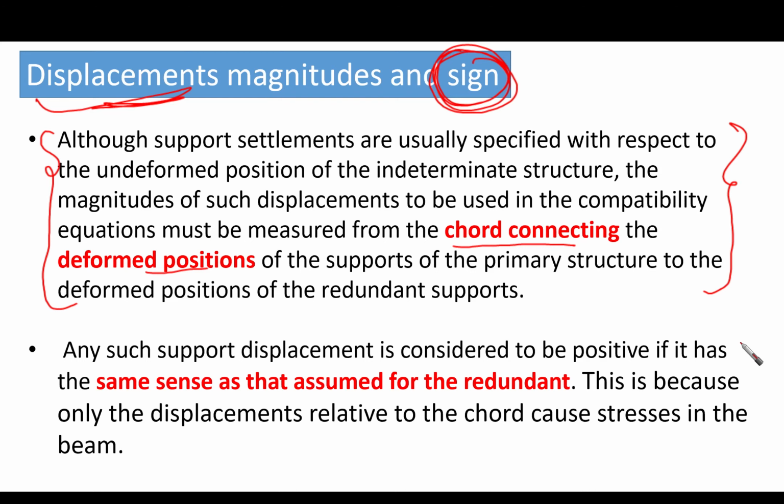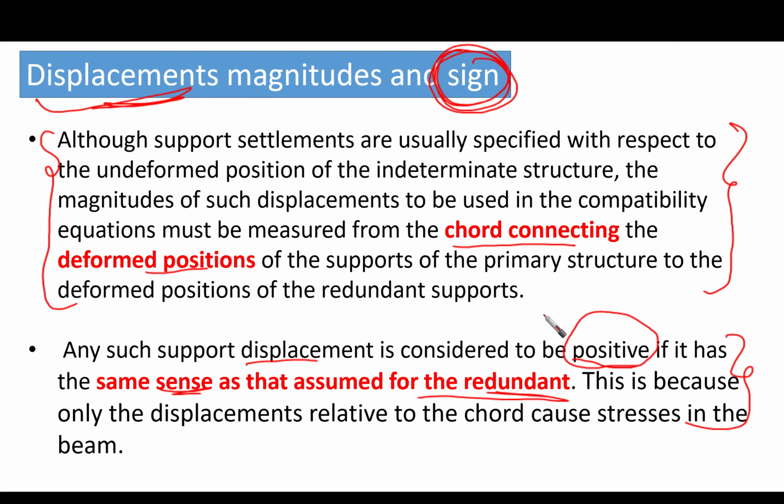That's a very important hint about our sign. What we're saying is that any such support displacement, meaning the relative displacement as we have explained, is considered to be positive if it has the same sense as that assumed for the redundant.